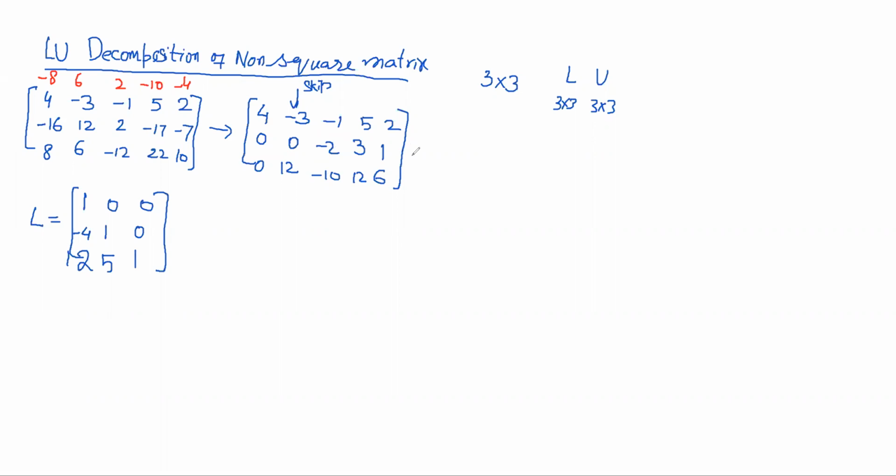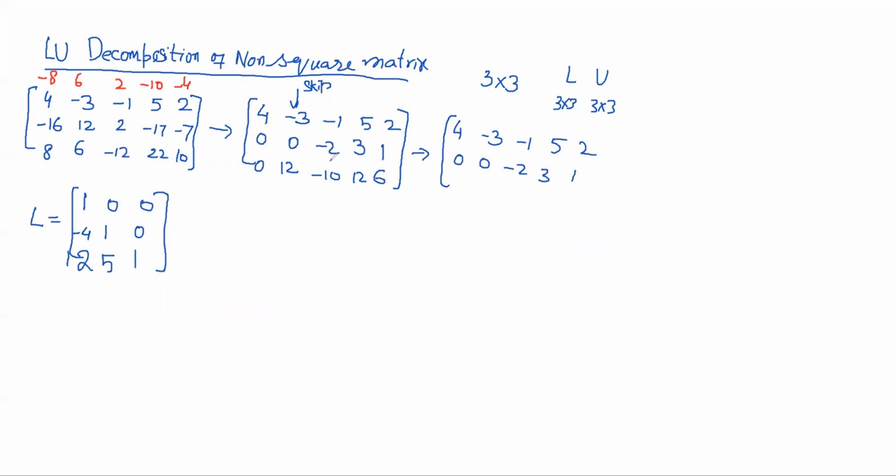Okay, and then we will apply the row operation. So now we will get 4, minus 3, minus 1, 5 and 2, and then 0, 0, minus 2, 3 and 1.